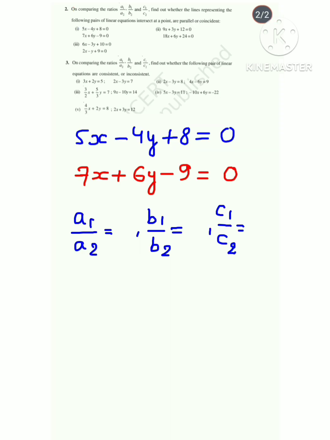Okay students, our first question, number 1, which I have already copied here. Okay, now let's compare the ratios. And here A1 equal to 5 and A2 equal to 7.